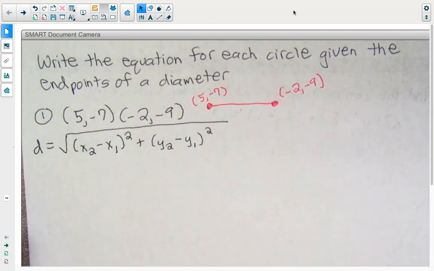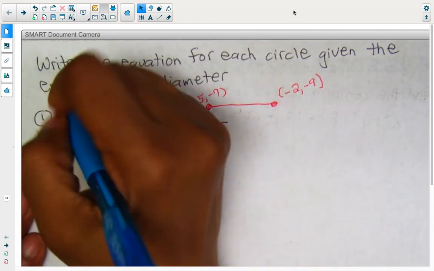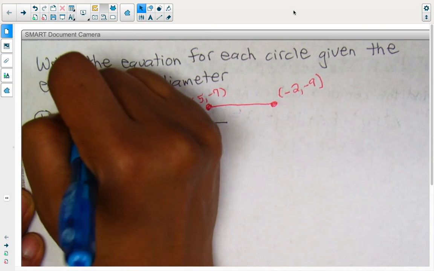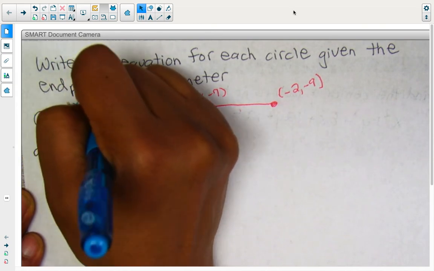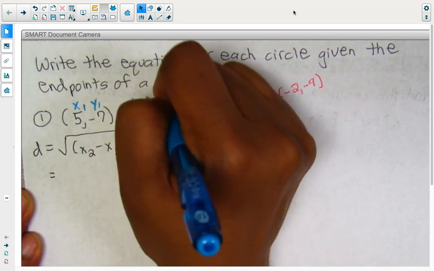We're going to find the total distance, and once we find it, we're going to cut that in half, and that'll give me the length of my radius. If you need to label your x1s and x2s, this is x1, this is y1, this is x2, and this is y2.